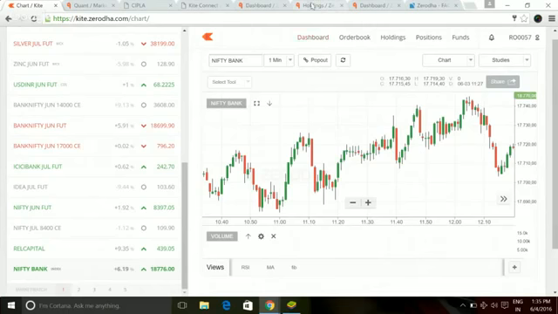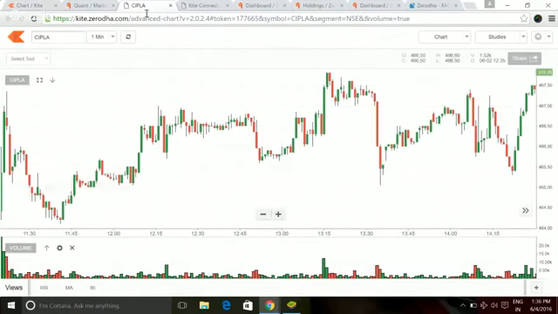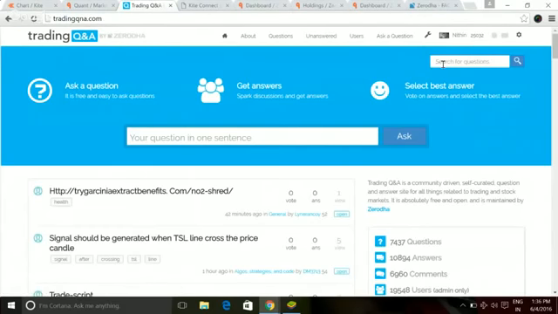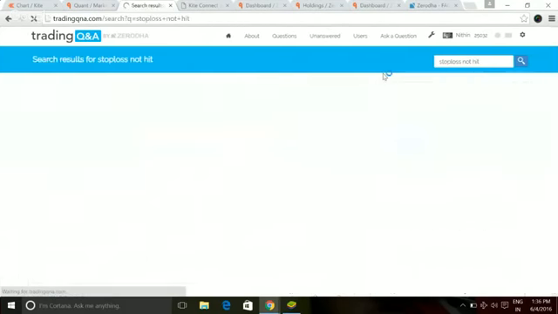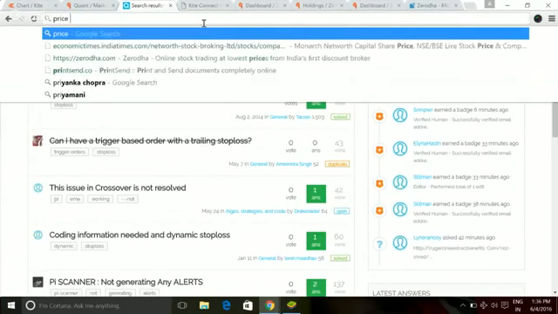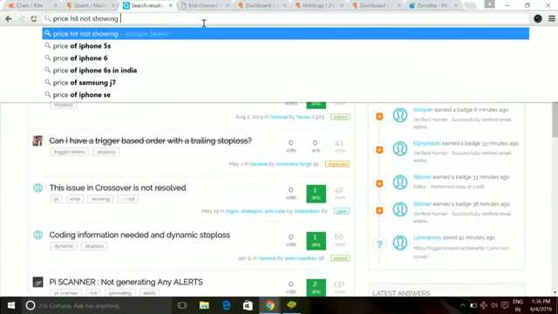Tick data, as I said, a lot of people talk about it online. I'd suggest you come to trading Q&A, let me show you this here. I think I've answered this multiple times. If you come on trading Q&A, search for price hit not showing on chart.